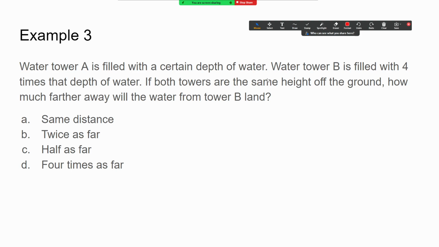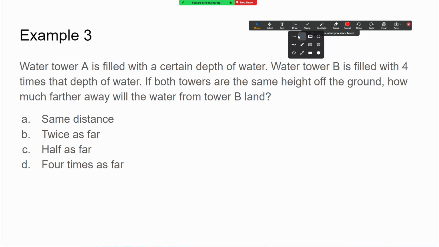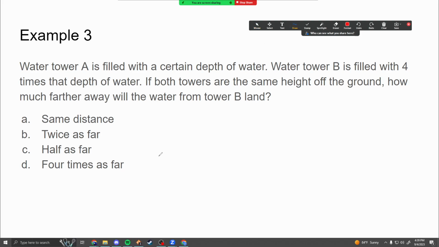So water tower A is filled with a certain depth of water. Water tower B is filled with 4 times that depth of water. If both towers are the same height off of the ground, how much farther away will the water from B in the tower land? So I know that V is proportional to the square root of depth, right? The 2g doesn't really matter in this case.